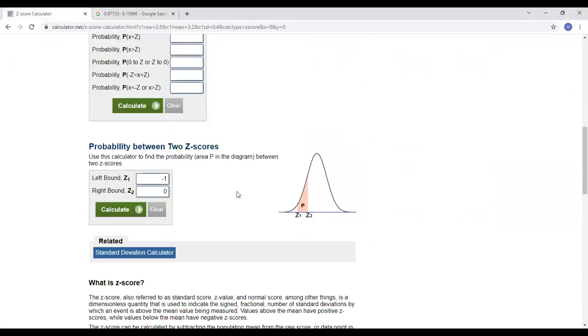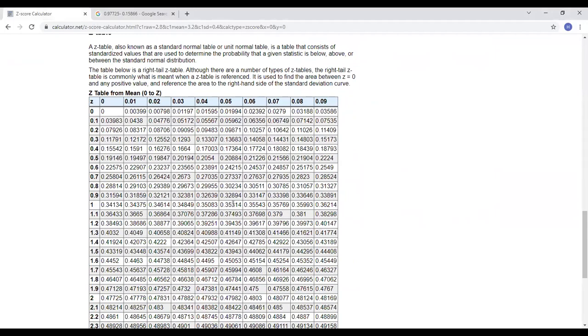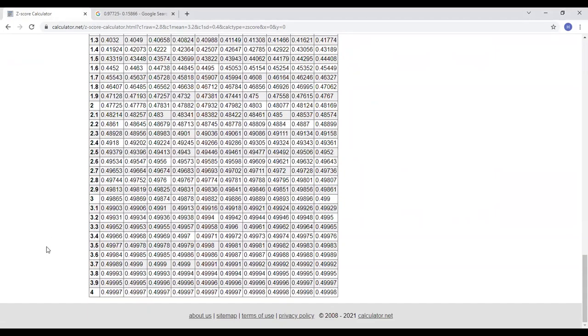I think that website has a table at the bottom. Here it is, the table. If you scroll down, this is the table. It gives you the z-score. Let's say our z-score is 2.8. Where's 2.8?